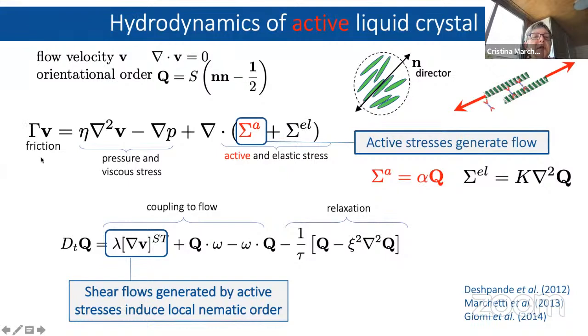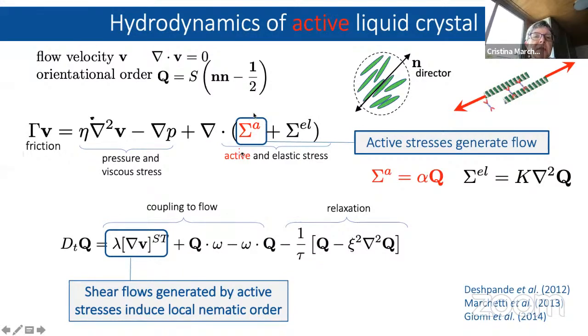Because these systems really are on a substrate, so there is friction, and they are generally at very low Reynolds number, instead of a Navier-Stokes equation, we really write a Stokes equation, neglecting inertia, which simply balances all forces on a fluid element. So this is the balance of friction with the substrate, or with the walls in this case, because it's a vertical cell, so we should think about the walls. There are viscous stresses, pressure gradient, and then we have the gradient of two stresses here.